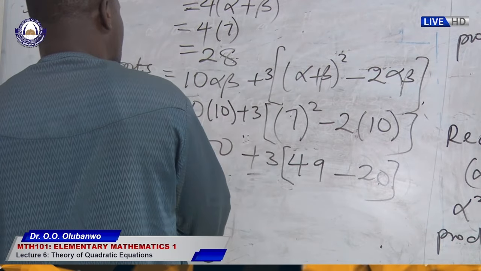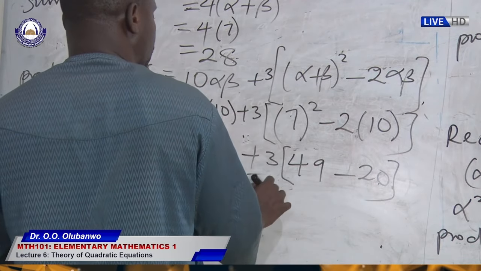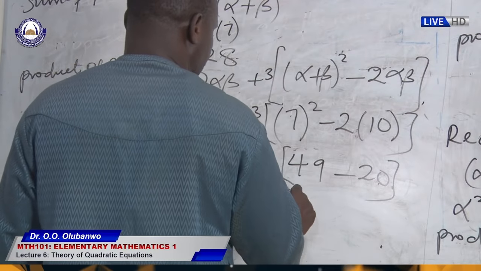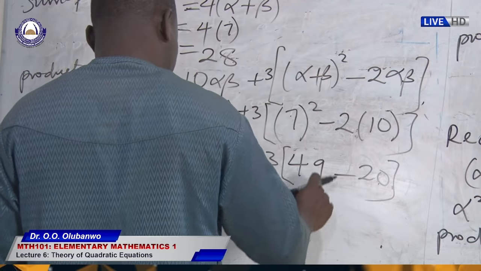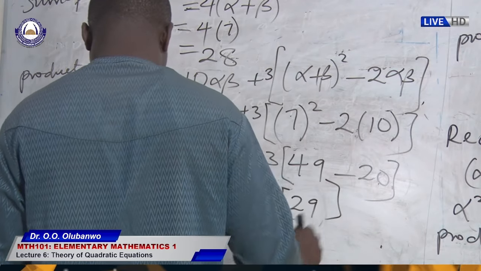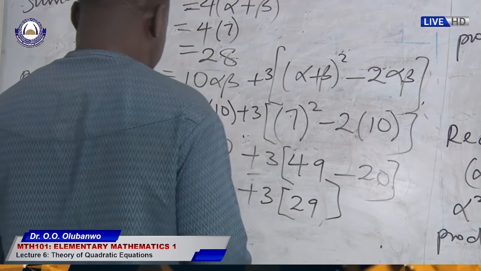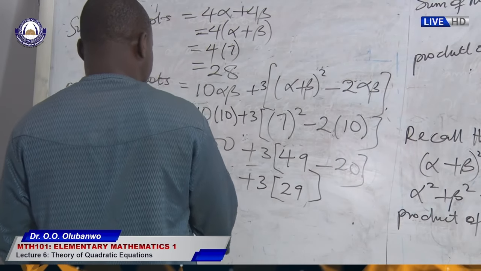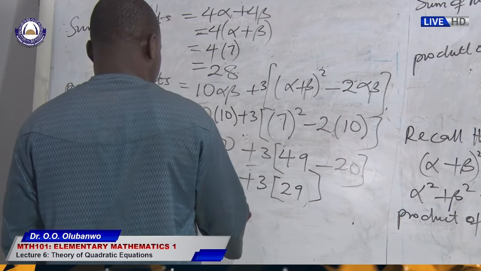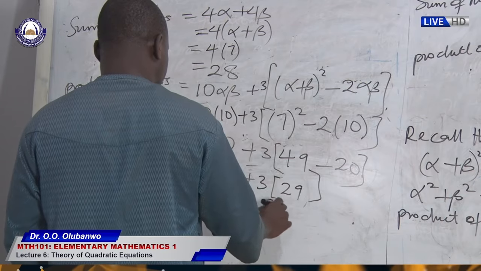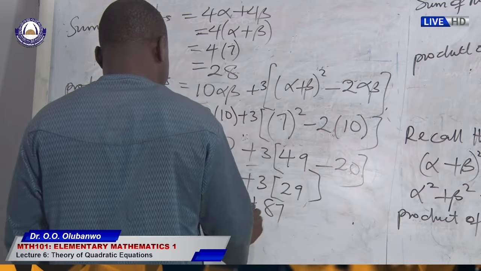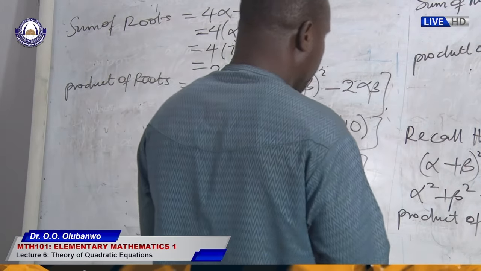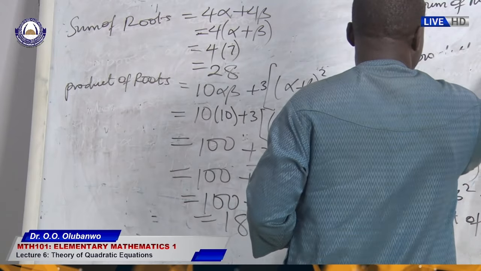So this will be 100 plus 3 into bracket 49 minus 20, that is 29. Now 3 times 29 gives us 87. 100 plus 87, so we have 187.